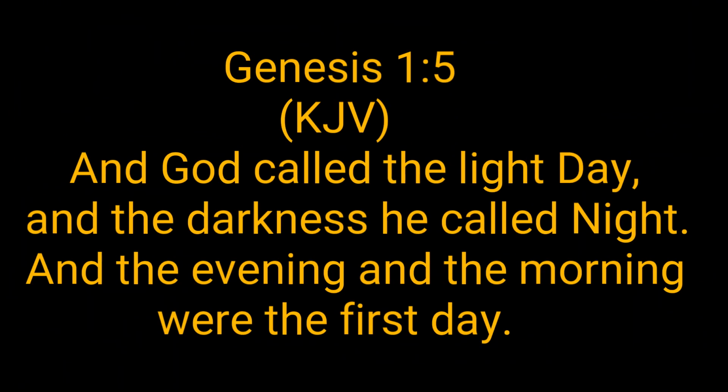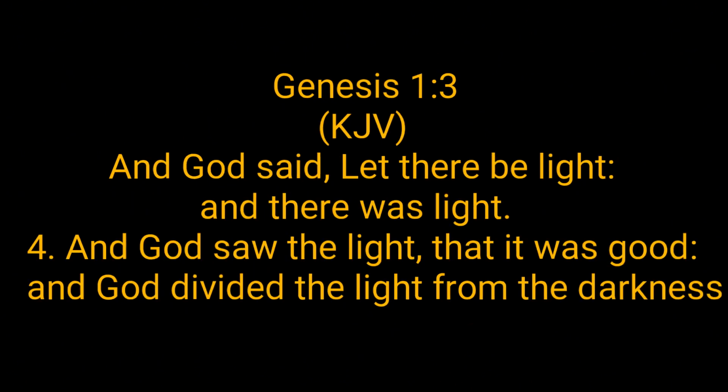One is Genesis. In the book of Genesis chapter 1, verse 5, it says that the evening and the morning were the first day. So basically in Genesis chapter 1 verse 3, God, our creator, created the first day.